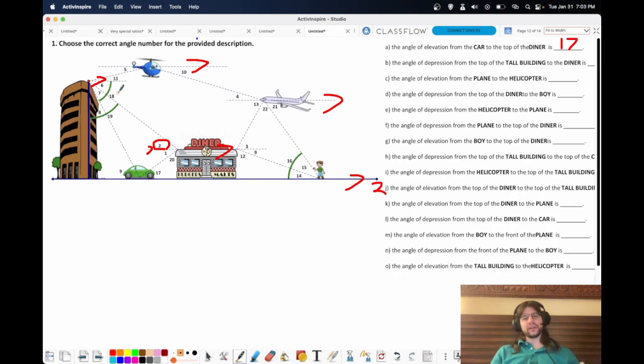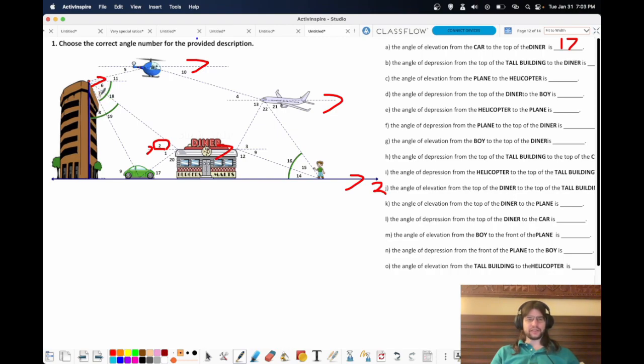Yeah. And let's look at the one it does ask, because students always get confused on this one. The angle of depression from the tall building to the car, right here, number H. Hey, that's a 7 right here, isn't it? There's no horizontal.